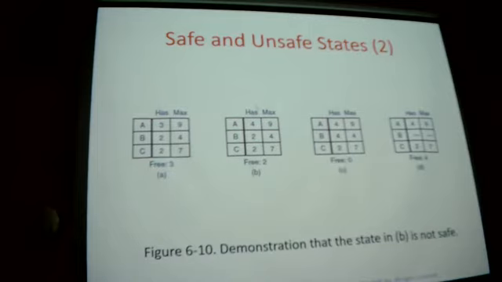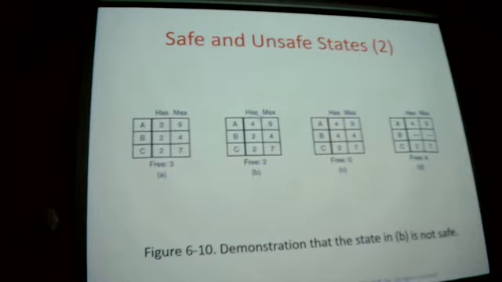Can you tell me whether this one is a safe or unsafe state? It means that from this table, whether you can make an arrangement such that each process can run and finish the task. Maybe not this way, but from here now.